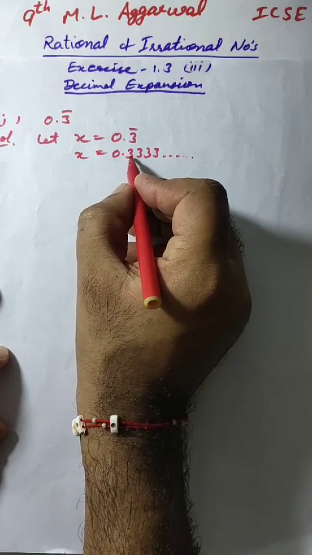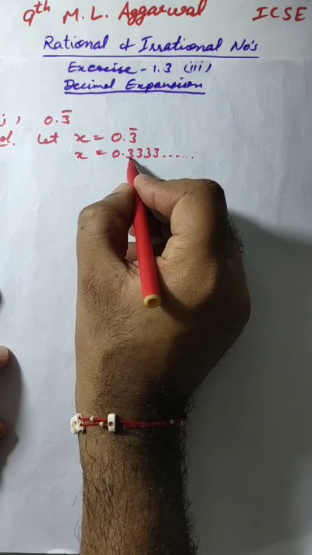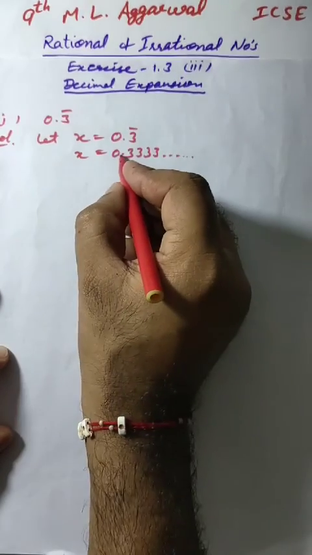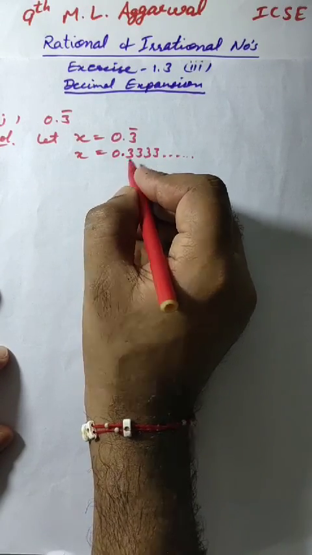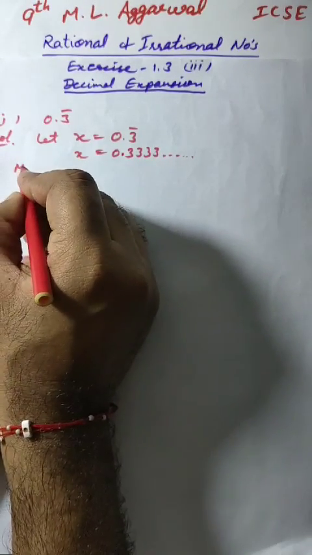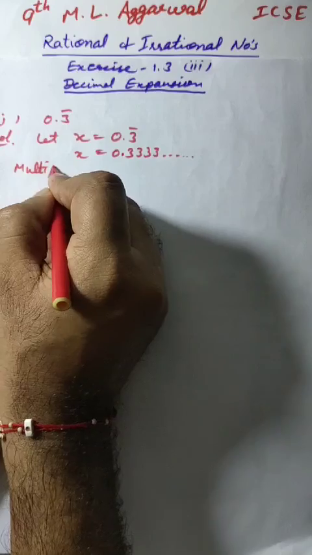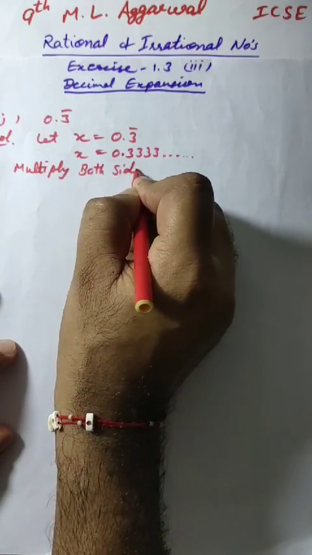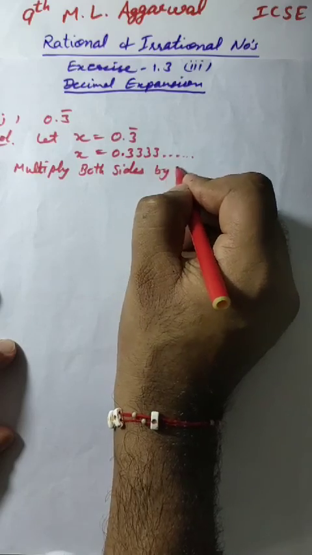As we see here, only the number 3 is repeating again and again. So we'll have to shift the decimal only for a single digit. So for a single digit, we'll multiply both sides by 10.